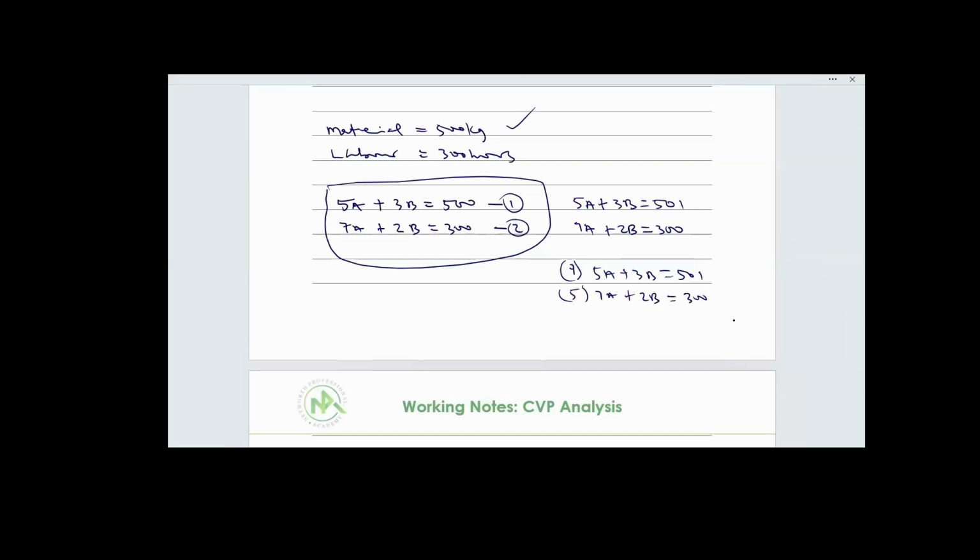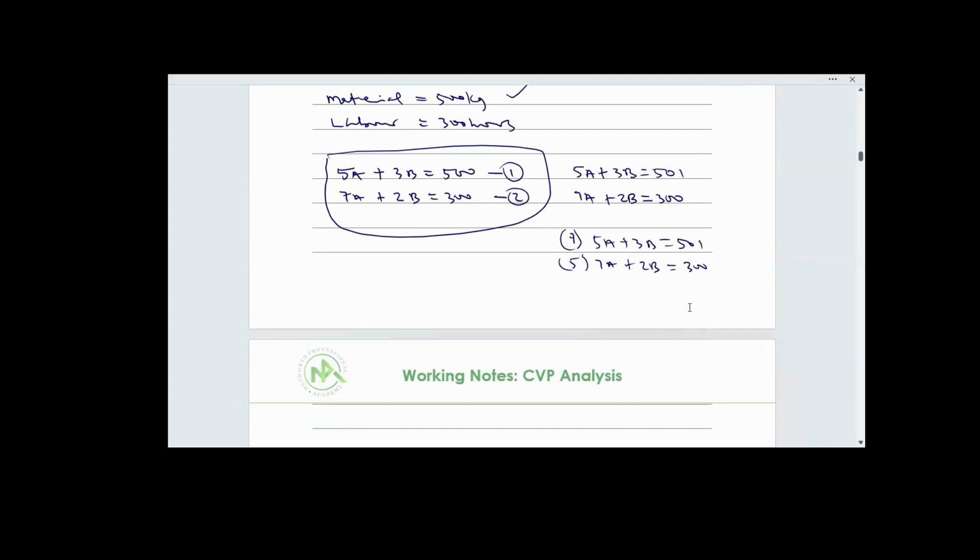Once you get it, then of course you multiply with your contribution per unit. So you keep it on one side. That means you have gotten the shadow price for the first constraint, which is material kilogram.